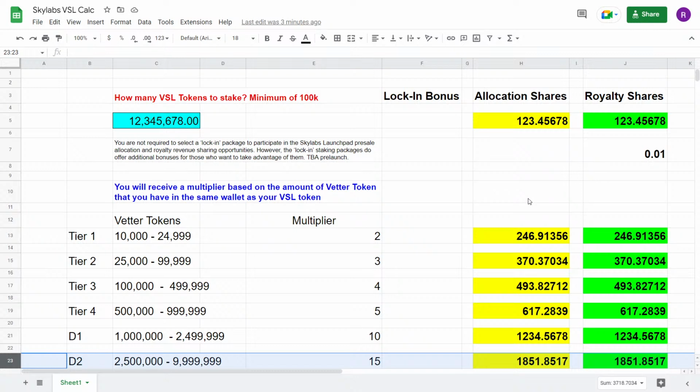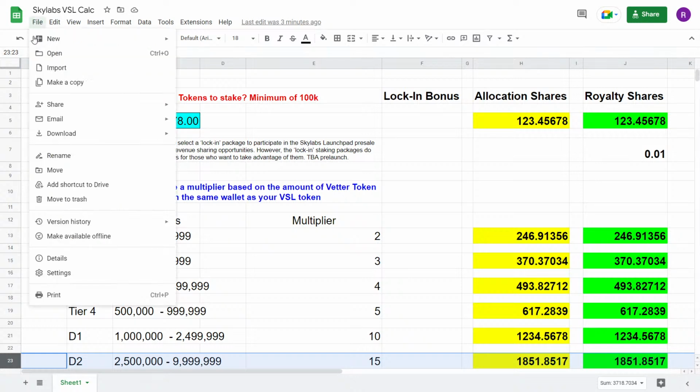All right, so does anybody have any other questions as it relates to the calculator, how to utilize it, how it works, and things like that? I'm going to drop this in chat so you guys can use it and play around with it. The way this is going to work is when you open up this document, the first thing you want to do is click File, Make a Copy.